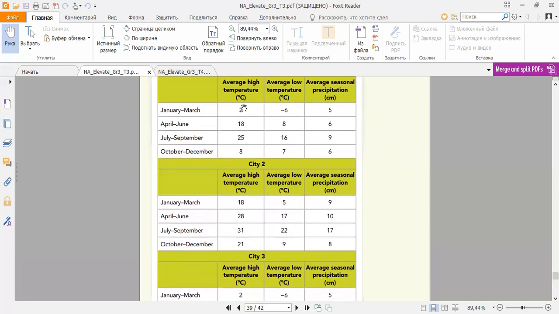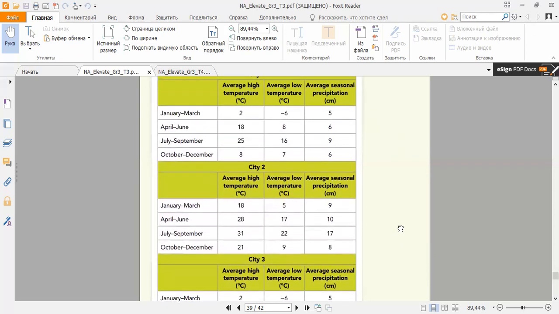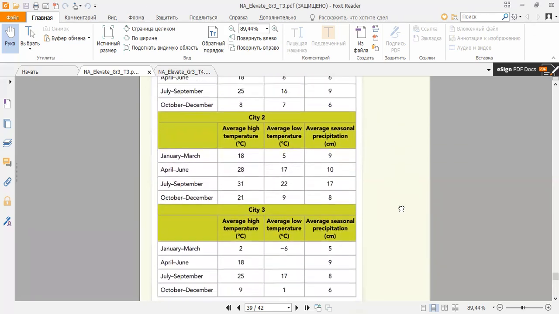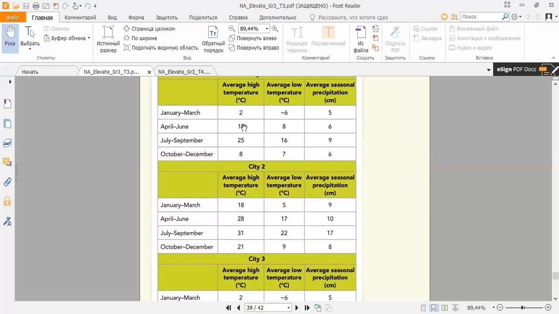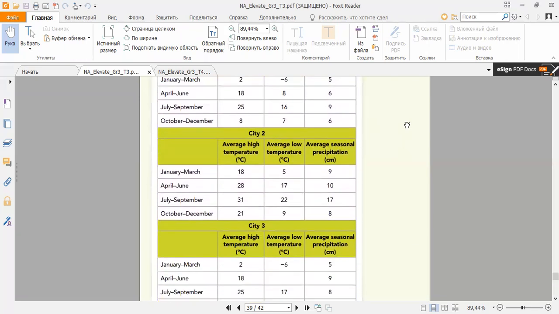For example, if we compare city 1 and city 2, the first graph contains absolutely different figures. City 1 and city 3 have the same numbers in the first column. Compare the rest. If yes, that would be the right answer.